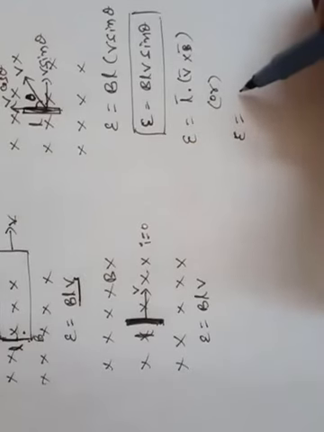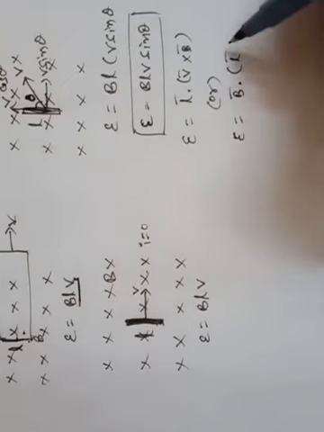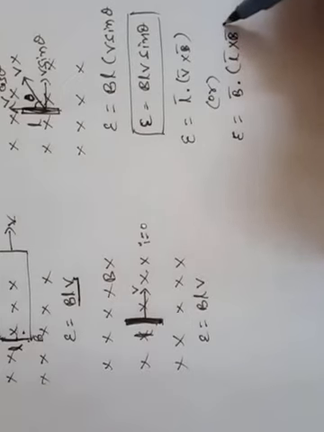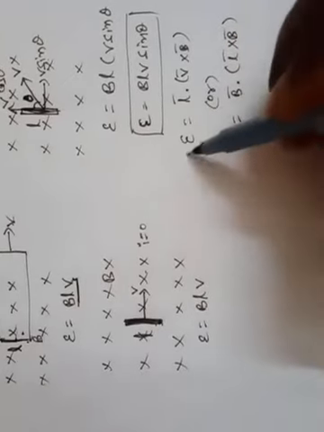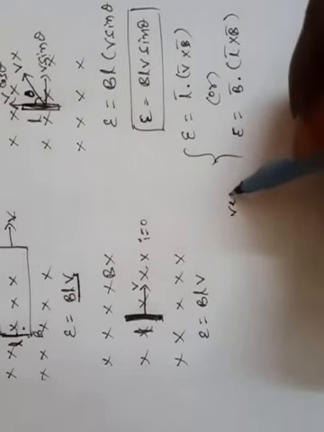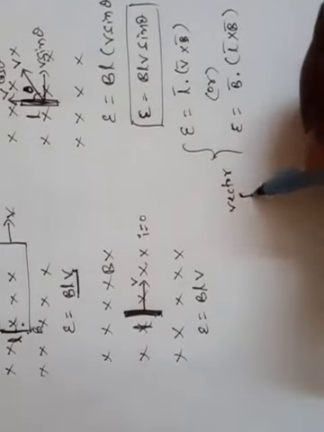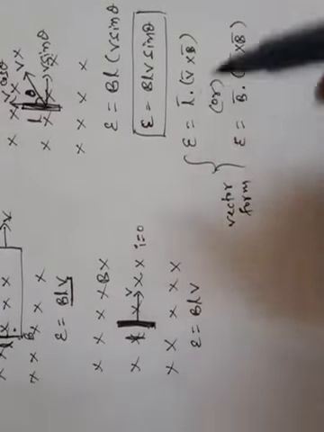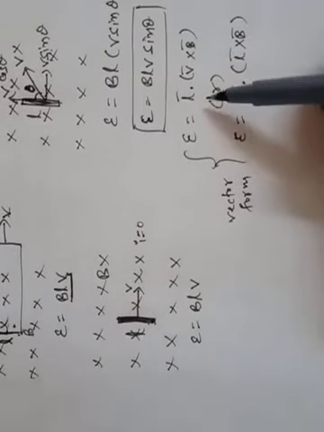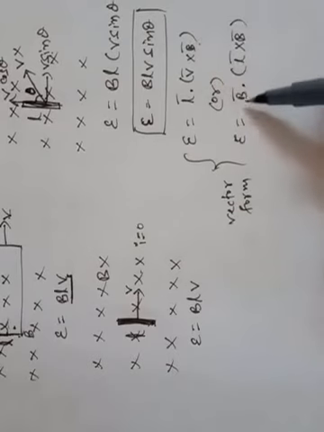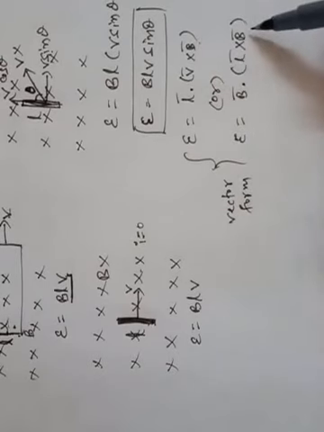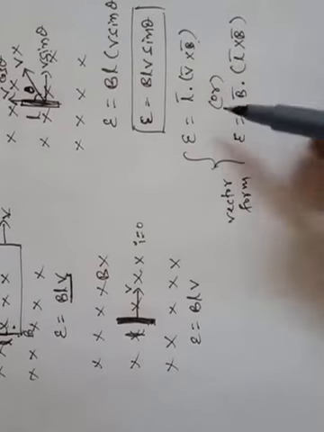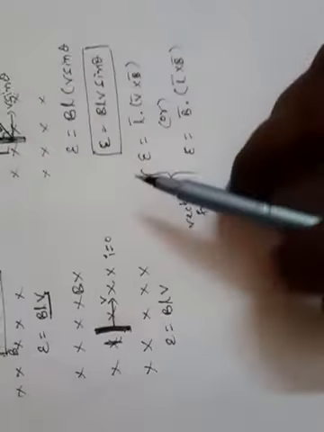In another way we can also write induced EMF as B bar dot L bar cross V bar. So these are the two vector forms of induced EMF. Keep in mind that L bar dot V bar cross B bar or B bar dot L bar cross V bar are both vector forms of induced EMF.